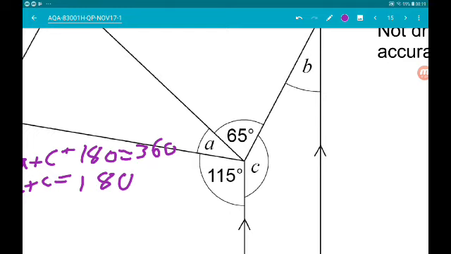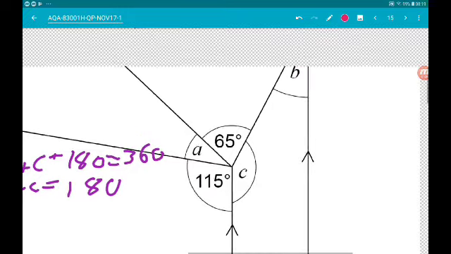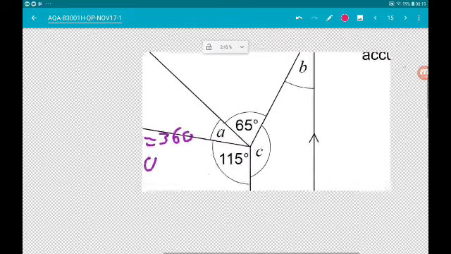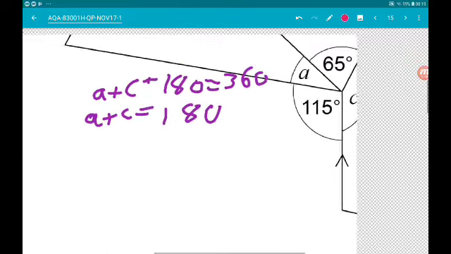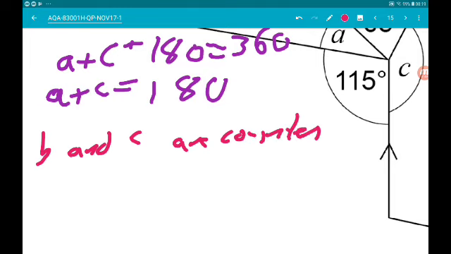So what we can say is because they are between parallel lines, angle B and C are co-interior. So, B and C are co-interior, which means then that B add C is equal to 180.